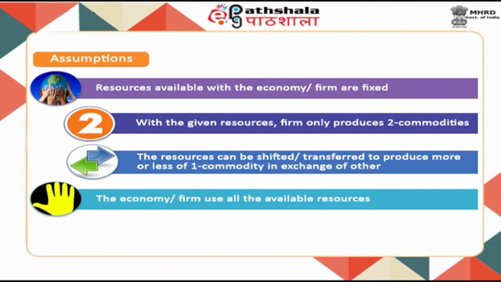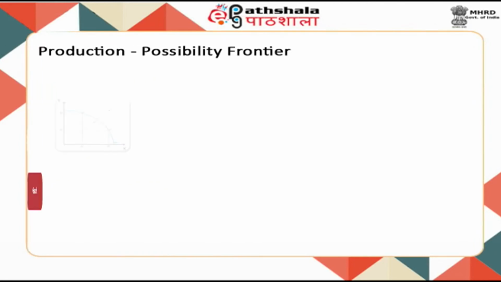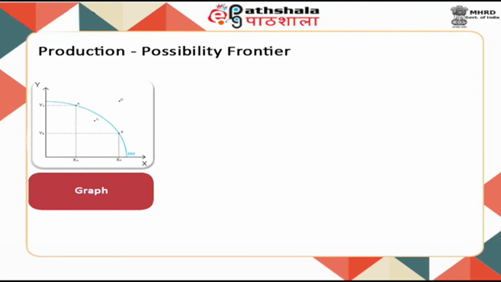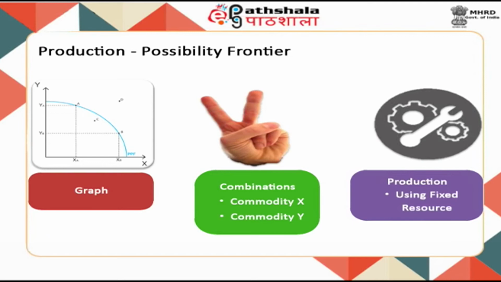The firm or the economy uses all the available resources. Given the assumption, production possibility frontier is a graph that depicts the various combinations of amounts of two commodities that an economy or firm can produce using the fixed amount of resources, that is, factors of production.